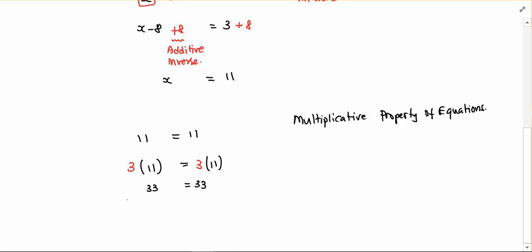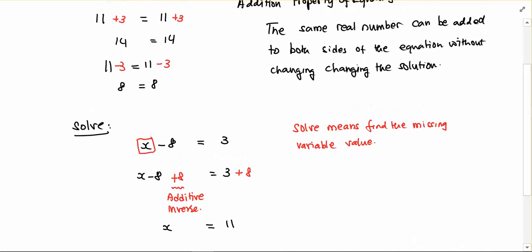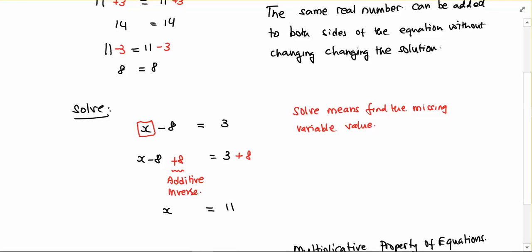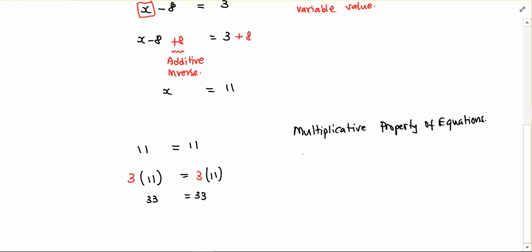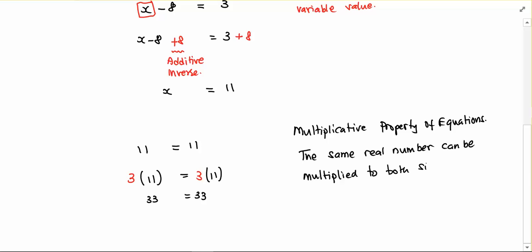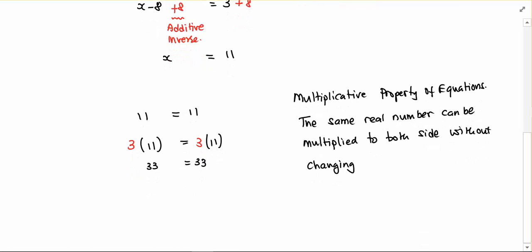Okay, so in this one, just like the previous one, it says the same real number can be multiplied to both sides without changing the solution of the equation.